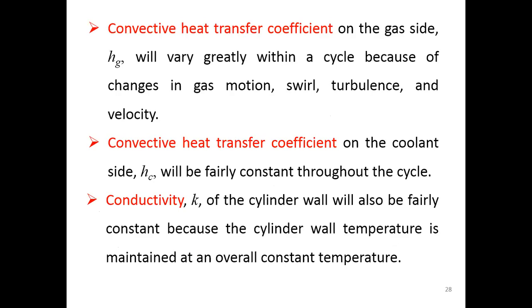which is Hg? This H sub g can vary greatly within a cycle because of what? The change in the gas motion. The gas moving inside the combustion chamber, the swirl of the gas while it moves, the turbulence that happens, and also the velocity.